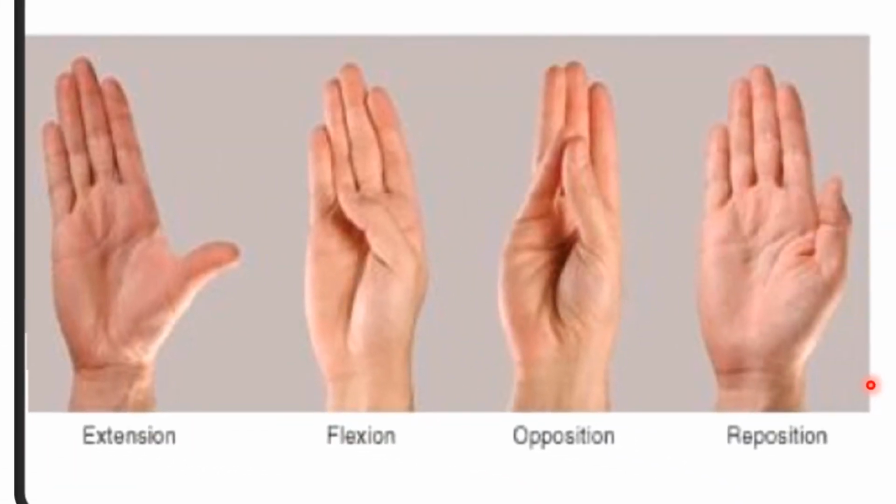We come to the movement of extension. Extension is the movement of the thumb away from the rest of the fingers in the same plane. This is extension.